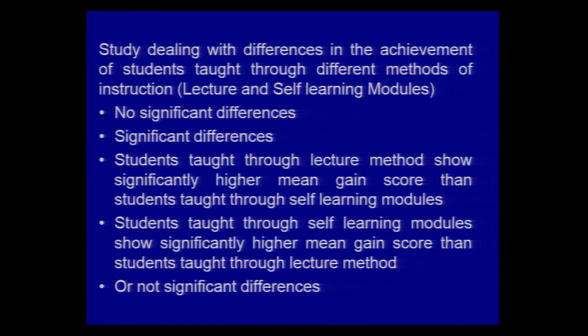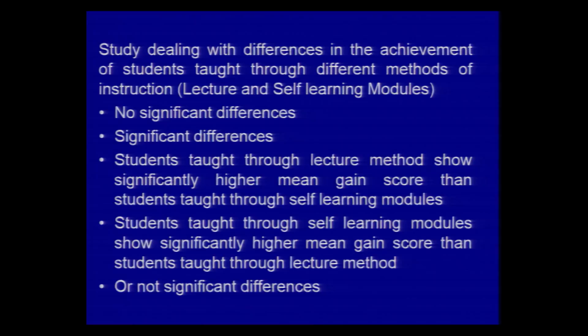Now, if this kind of study has been undertaken, then the findings will be that either there will be no differences in the achievement of the students taught through different methods, or there will be a significant difference in the achievement of the students taught through the two different methods.